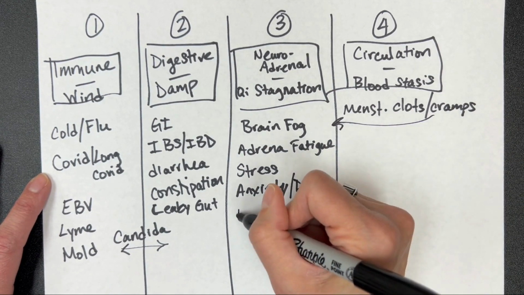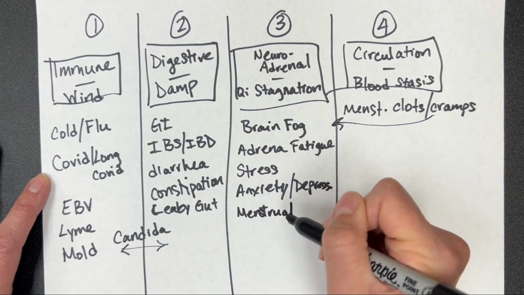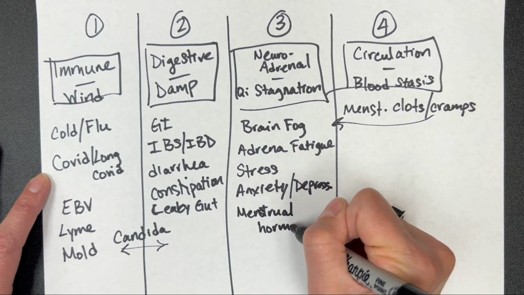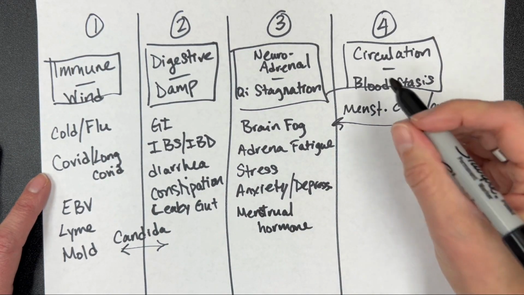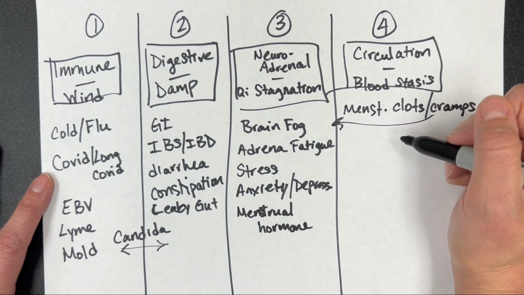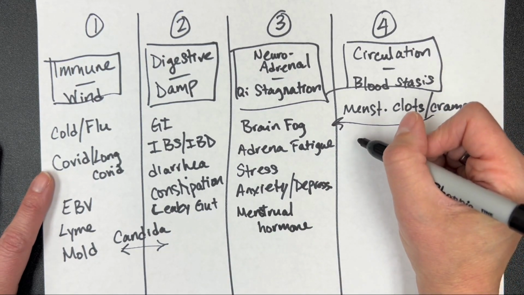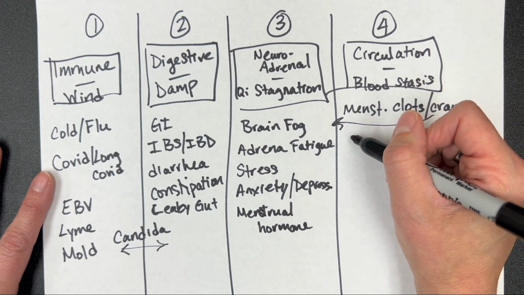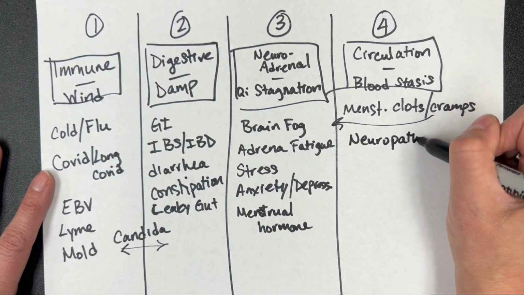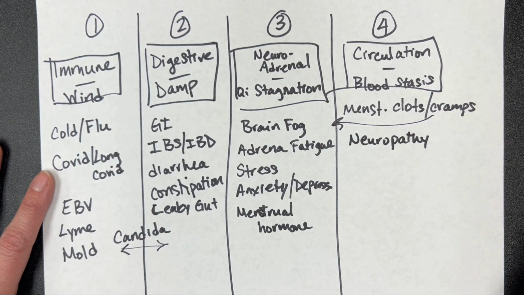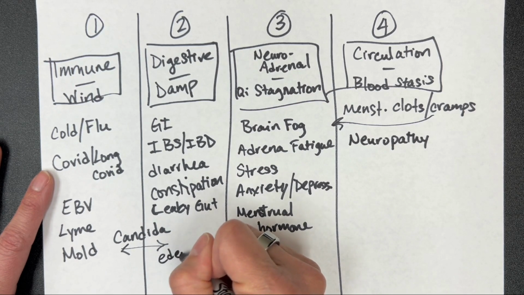Stage 3, we're probably going to have some menstrual and hormonal, sex hormone issues. And then with circulation, back to stage 4, as I took a little trip backwards, we might have things like neuropathy. Back to stage 2, edema, swelling.